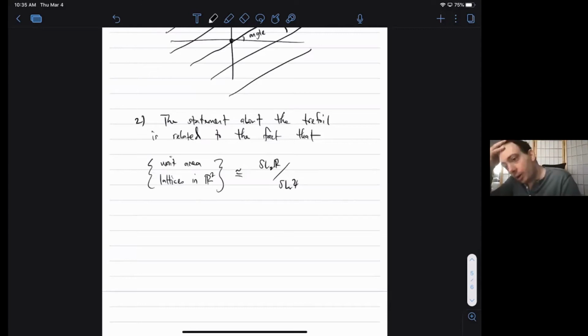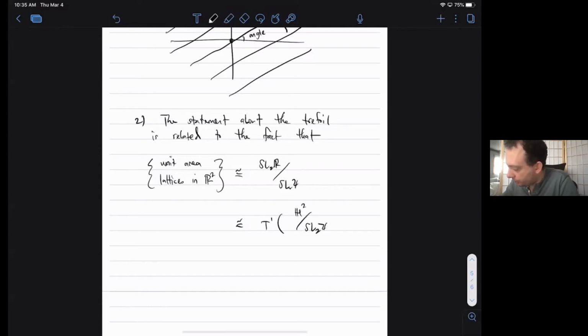But then SL2R mod SL2Z, if you know some hyperbolic geometry, you can identify this with the unit tangent bundle of the hyperbolic plane mod SL2Z.